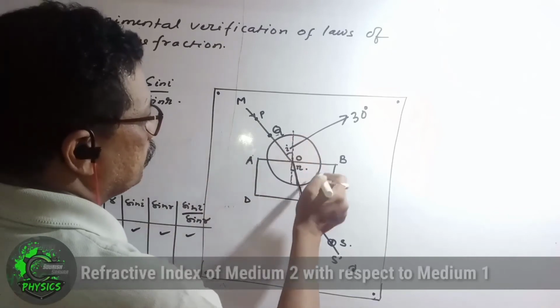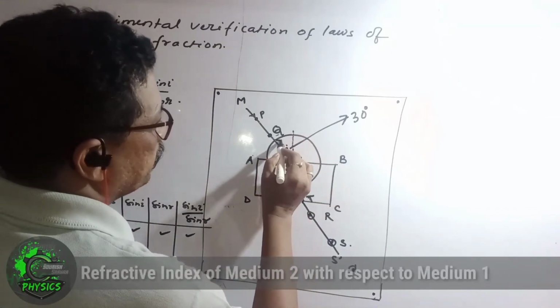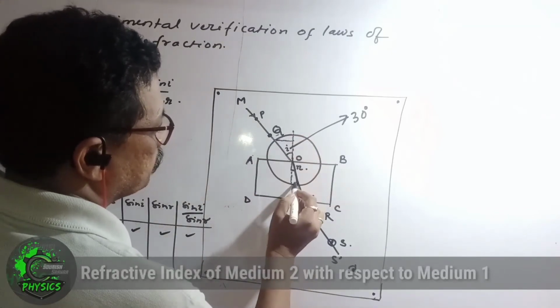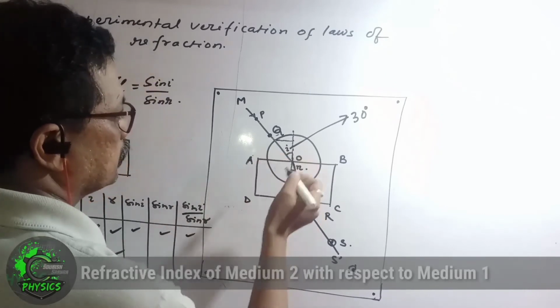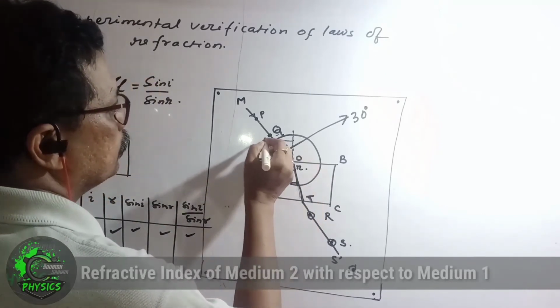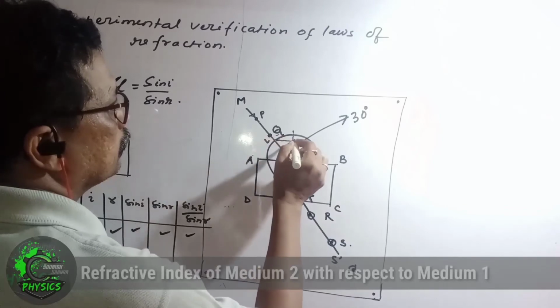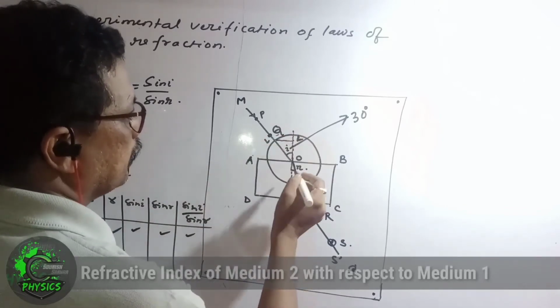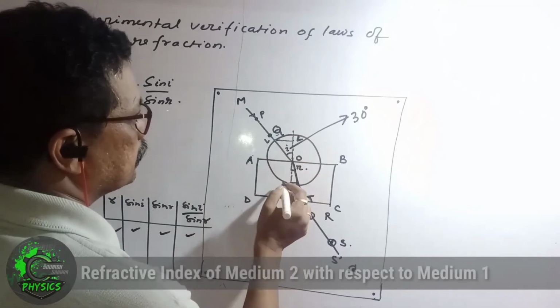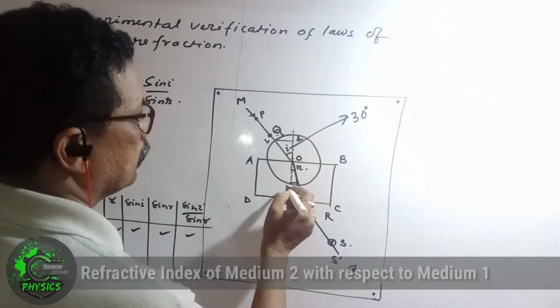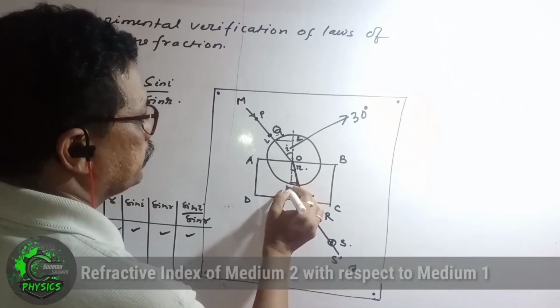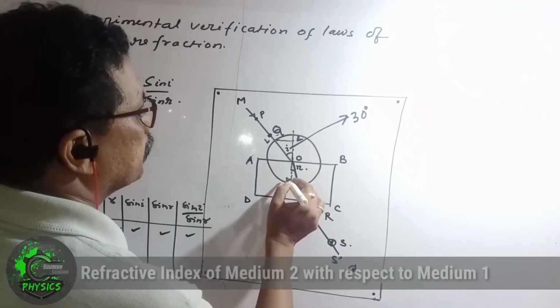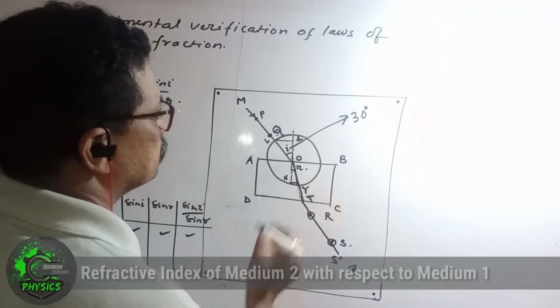When you have drawn this circle, then from this point you throw a perpendicular, and from this point you throw a perpendicular. Suppose this is OVL, and another is say XY.